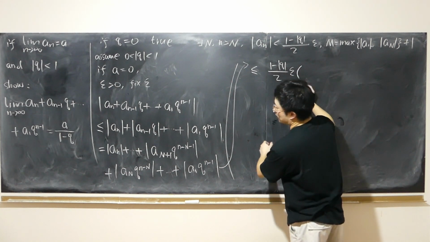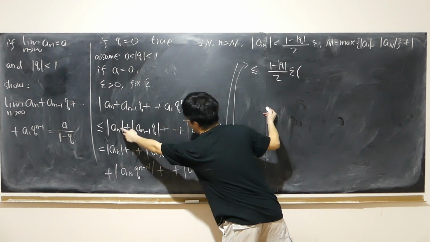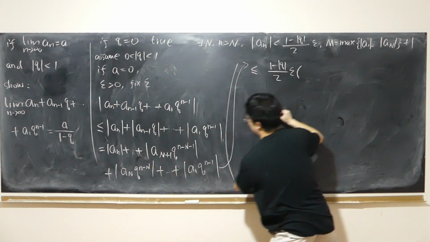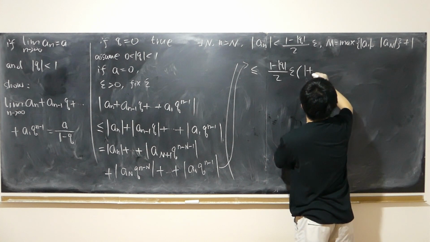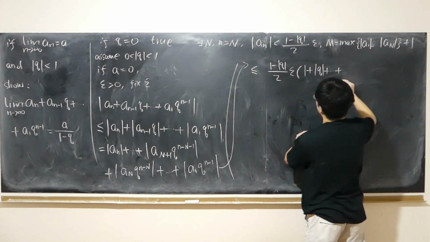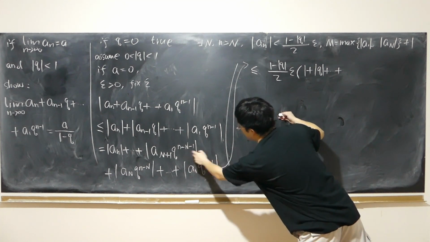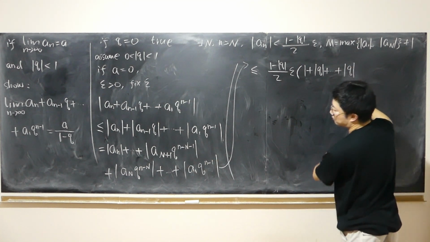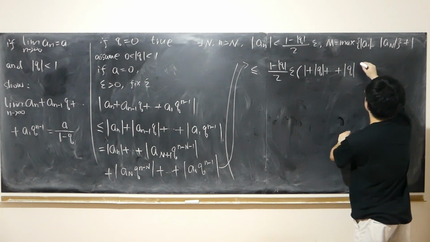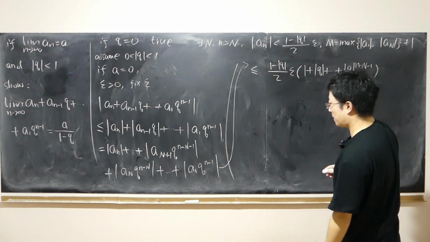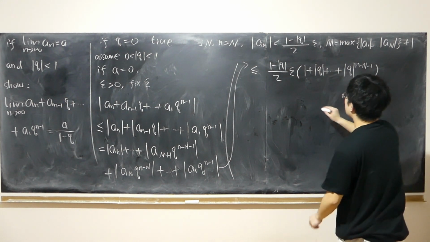What I'm left with is just 1 plus the absolute value of q, all the way up to the absolute value of q to the n minus 1. Right.